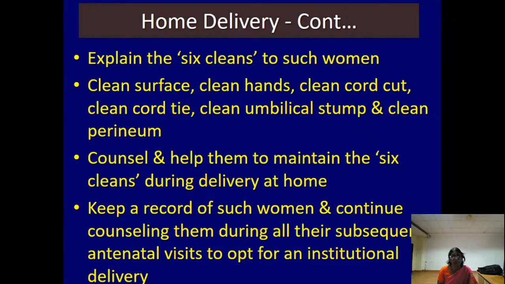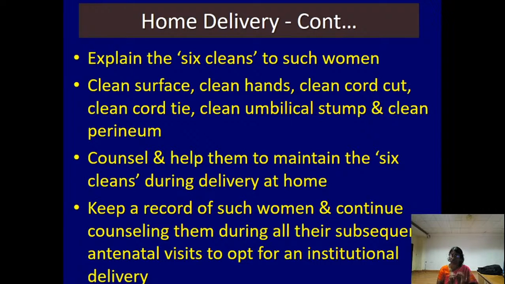And then you should also be able to explain the 6 cleans to such women who want to deliver at home. What are those 6 cleans? One is the surface on which she will lie down to deliver, that should be clean, and the hands of those who are going to conduct delivery should be washed with soap and water.